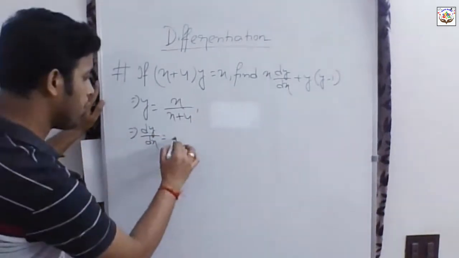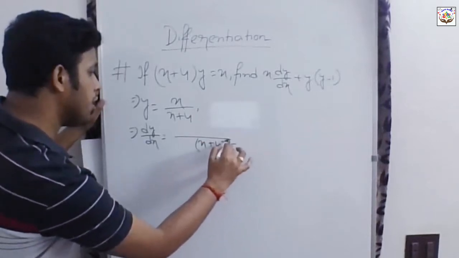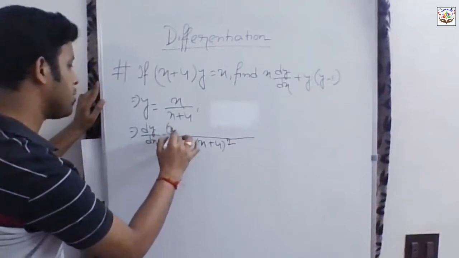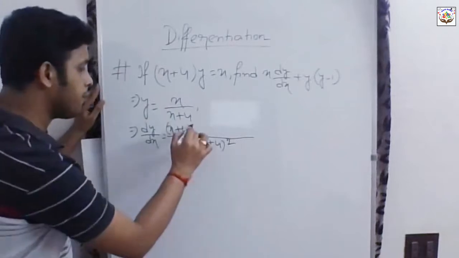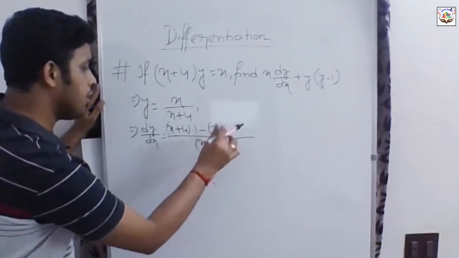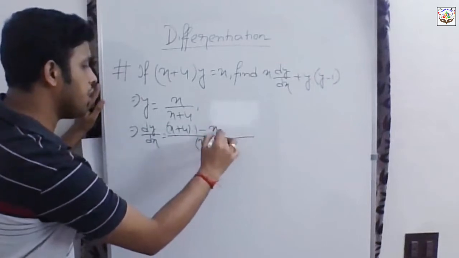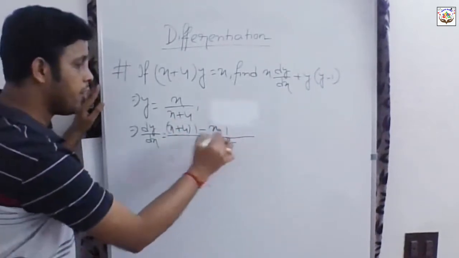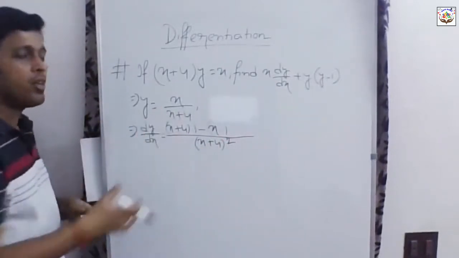Okay, so it will be x plus 4 whole square in the denominator, and in the numerator it will be x plus 4 into d/dx of x, which is 1, minus x into d/dx of x plus 4, which will also be 1. Why? Because the d/dx of 4 will be equal to 0.